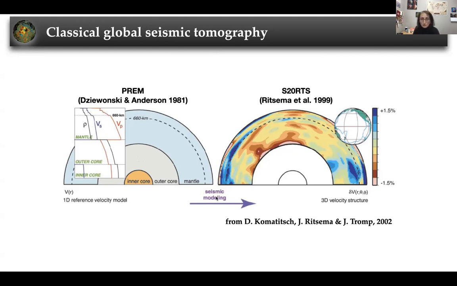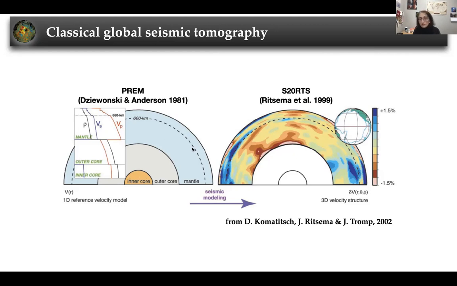However, it has some limitations because we are working with band limited data. And when we would like to increase the resolution further, we need to take into account the finite frequency effects, which have been taken into account in the recent tomographic models, either using 1D background models or incorporating 3D wave simulations.